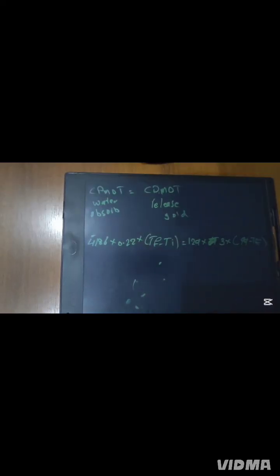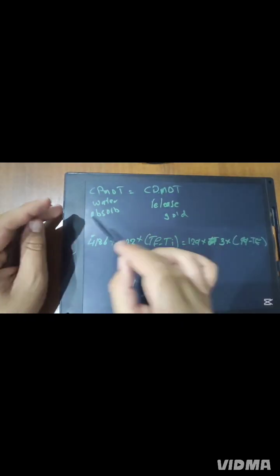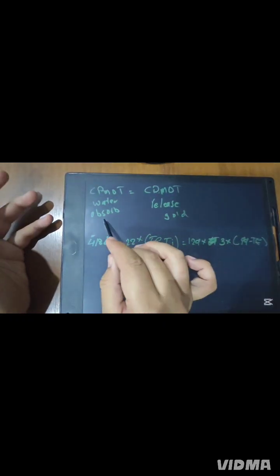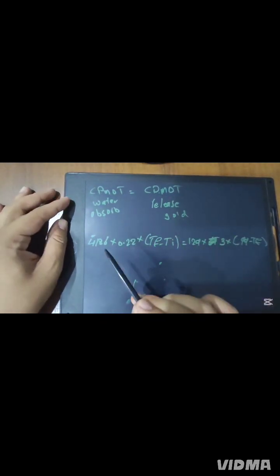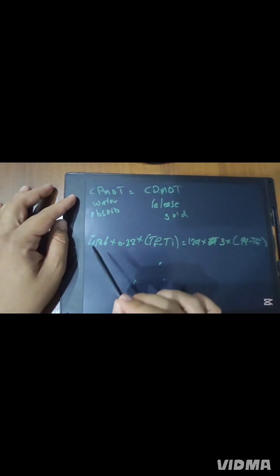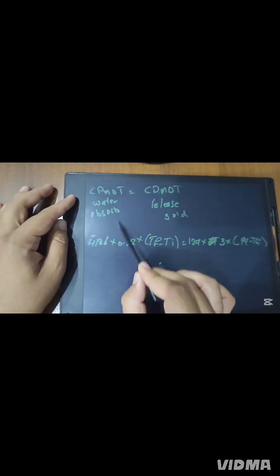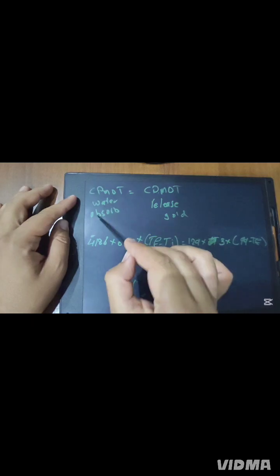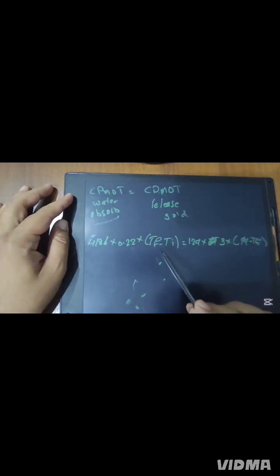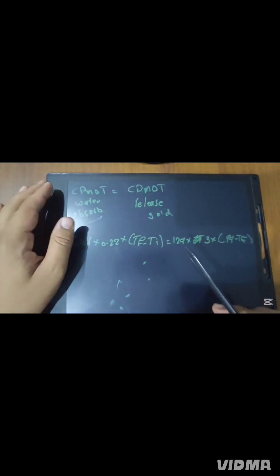Students, I arranged the equation now. As we said, on the left or right side, one must be water and the other gold, and the water absorbs while the gold releases. So Cp of the water 4186 times the mass of the water, 0.22, and instead of delta T, because we have absorbing, we write Tf minus Ti.